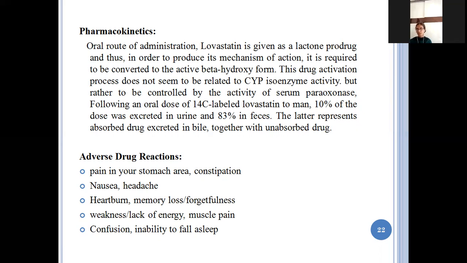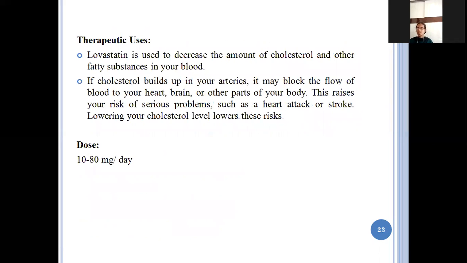Adverse drug reactions are pain in the stomach, constipation, nausea, headache, memory loss, heartburn, weakness, loss of energy, muscle pain, confusion, and inability to fall asleep. Next, therapeutic uses. It is used to reduce the amount of cholesterol and other fatty substances present in the blood.